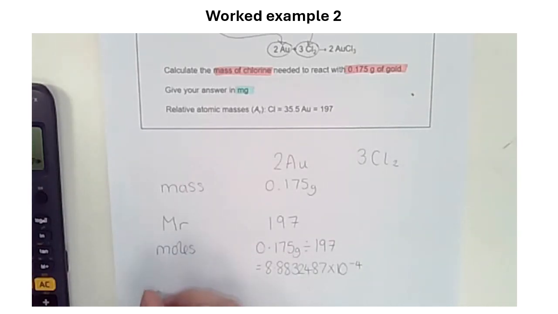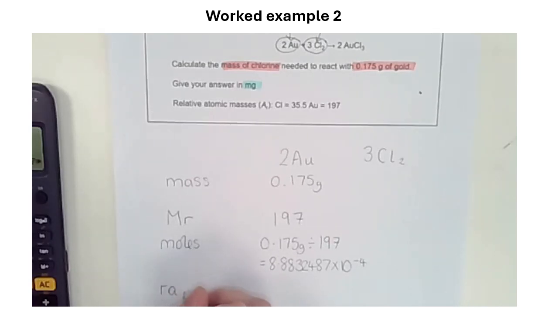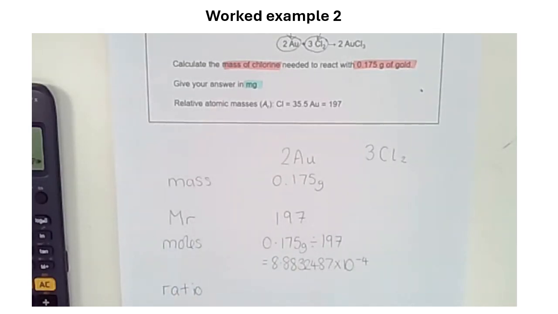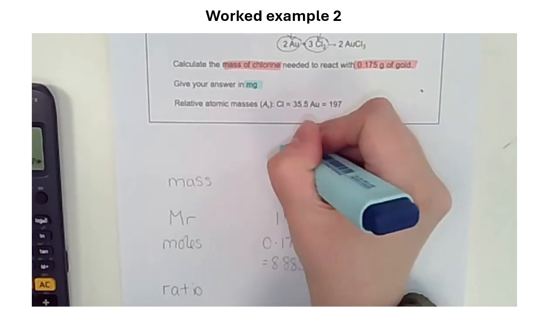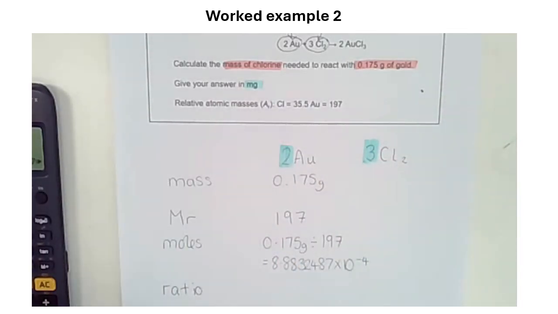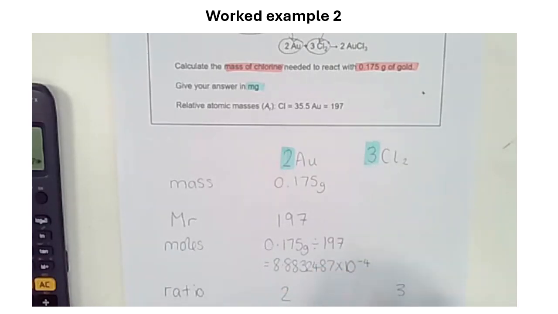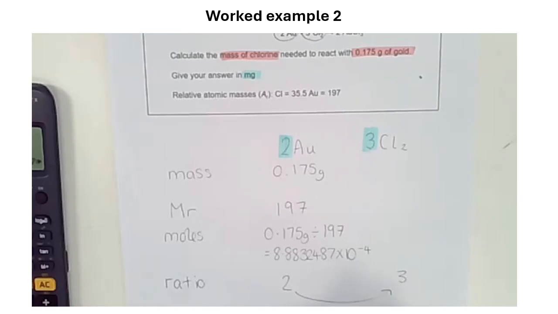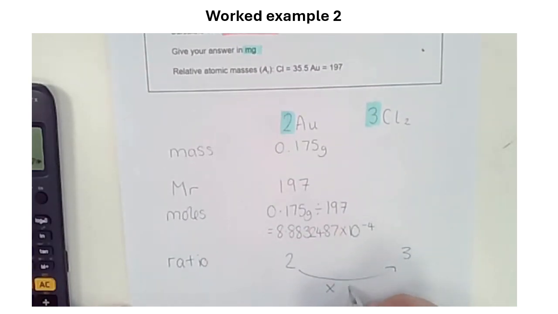I'm then going to look at my molar ratio. Reminder that my ratio comes from these numbers at the front. So in this case, I have a 2 to 3 ratio. In order to get from 2 to 3, I will multiply by 1.5.